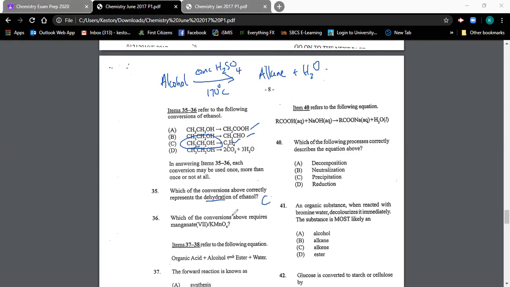Which of the conversions above requires potassium manganate? Which of them requires that? Anybody remember that one? Let me just clear the screen.